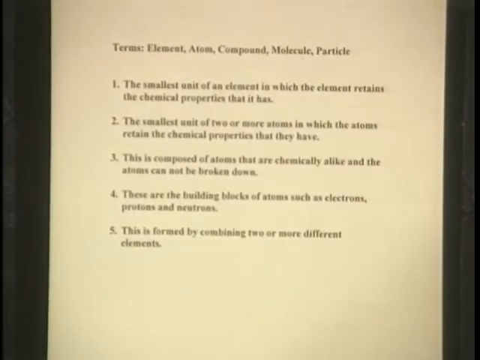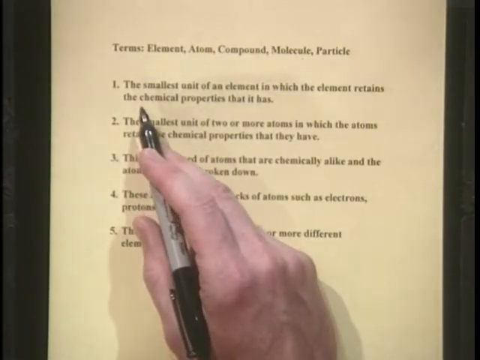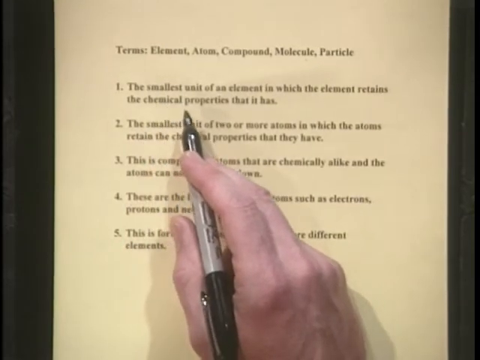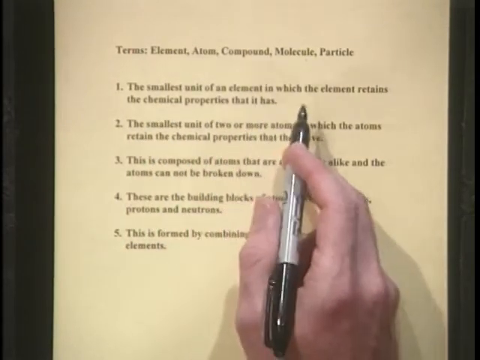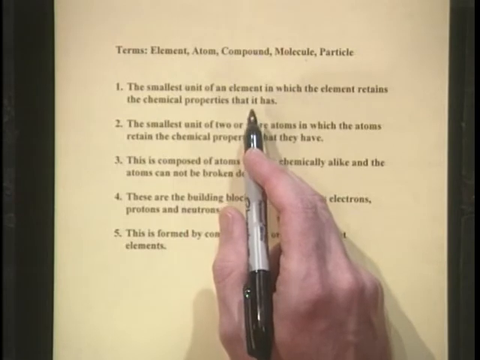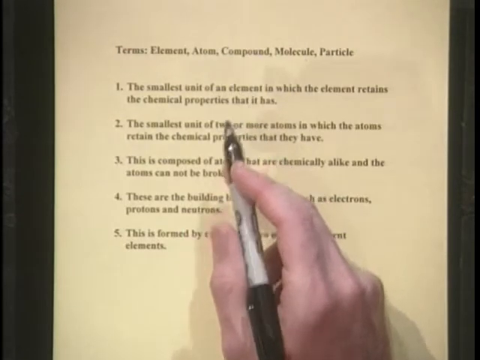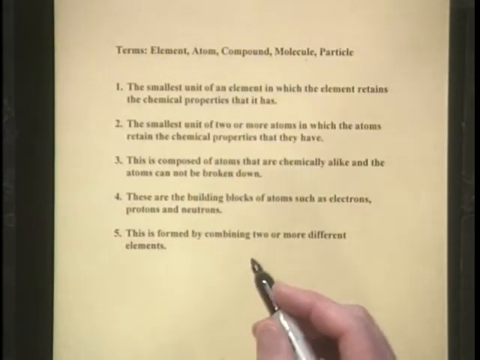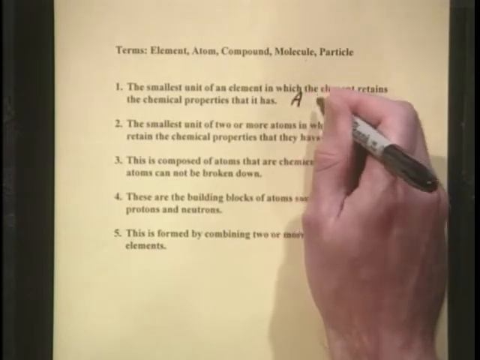I have 5 definitions here, and what we're going to do is figure out which term goes with what definition. Number 1 is the smallest unit of any element in which the element retains the chemical properties that it has. The answer to that one is the atom.